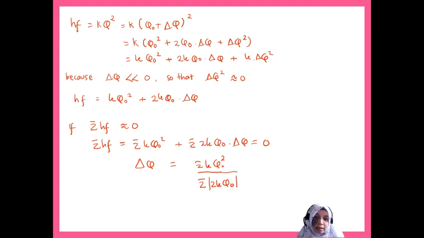So we can write sigma HF equals sigma K times QO squared plus sigma 2K QO times delta Q equals 0. Because we want to know the value of delta Q, delta Q equals sigma K times QO squared over sigma 2 times K times QO, in absolute.